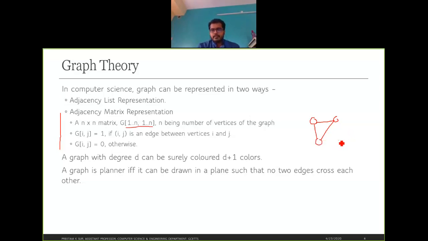Suppose we have another vertex, and if we connect these two, this is again a planar graph. But if you connect this one, will it be a planar graph? The thing is, yes, this can be a planar graph. What we have to do is represent it in a different way.